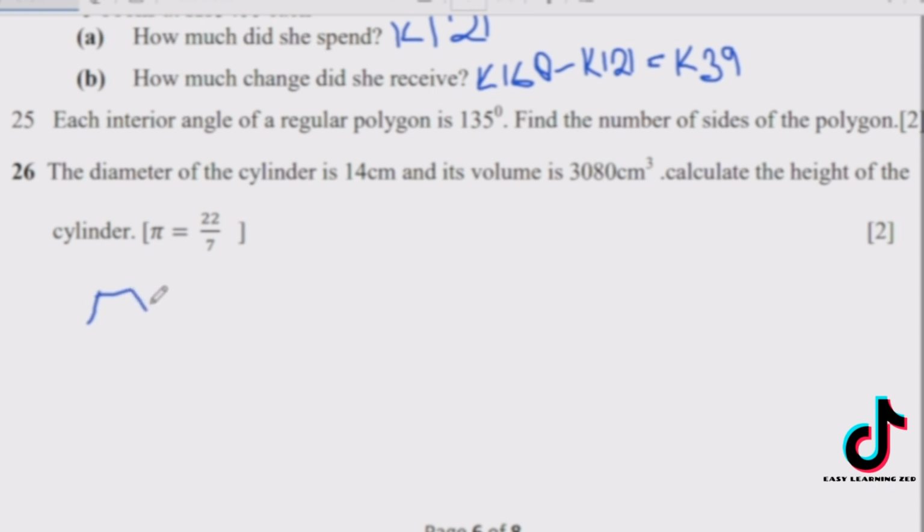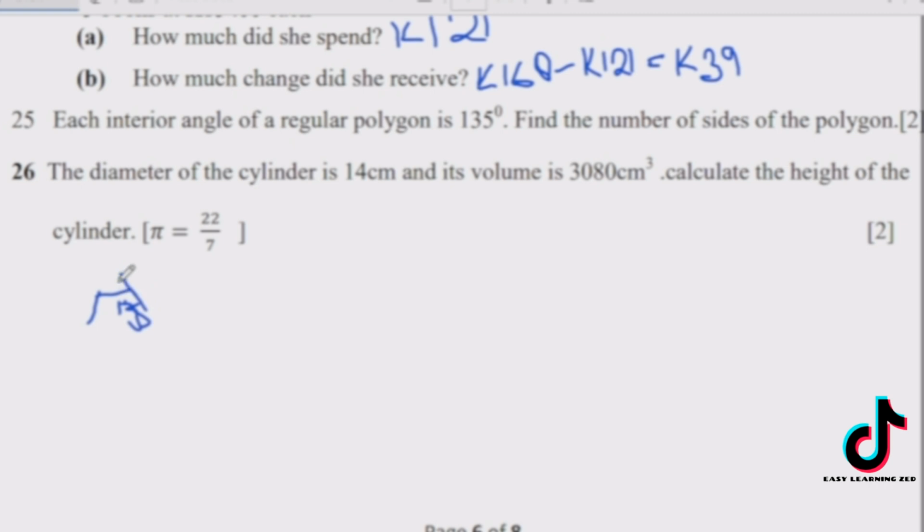If this corner has got an exterior angle which extends like this, and here inside is where 135 degrees is. So this is 135 degrees.